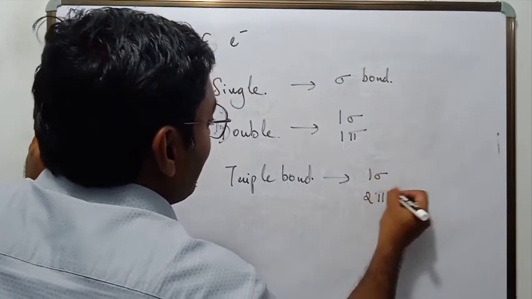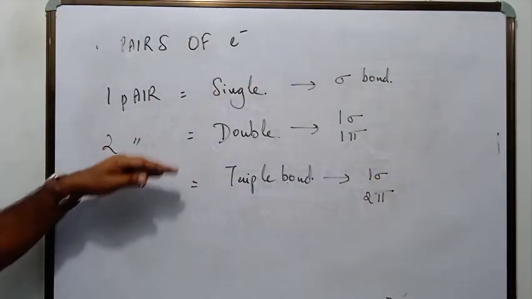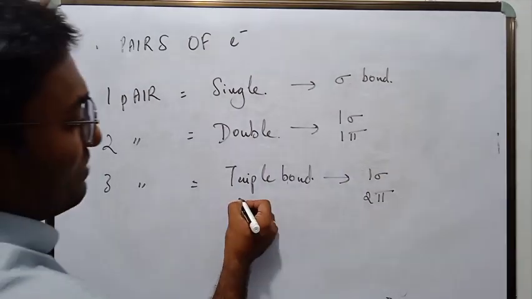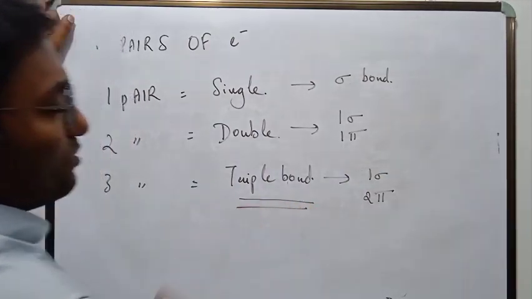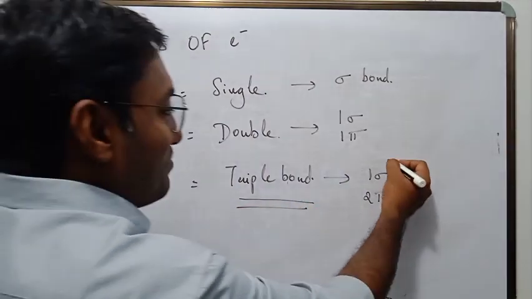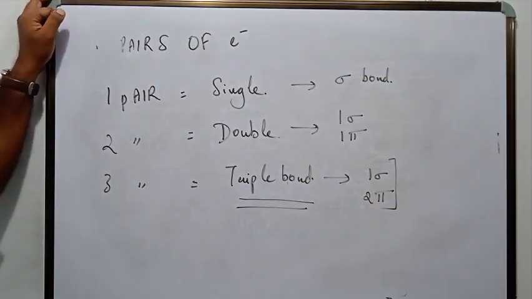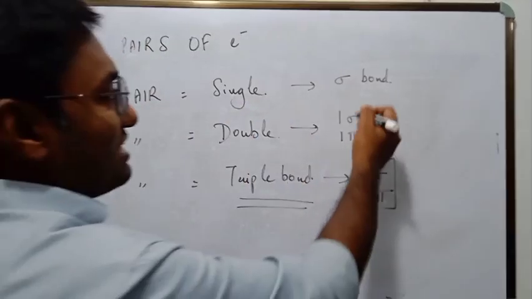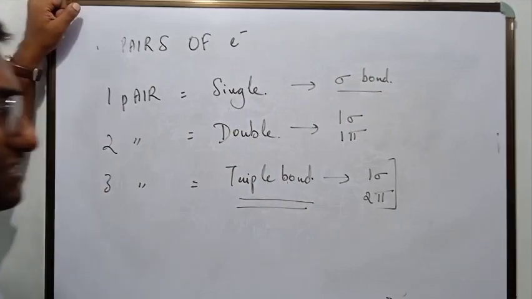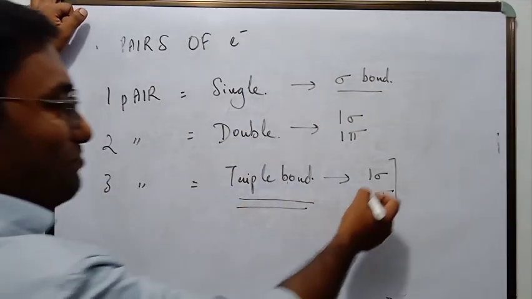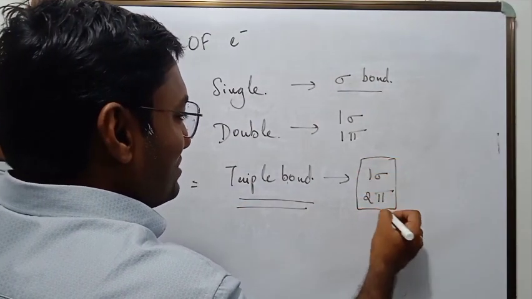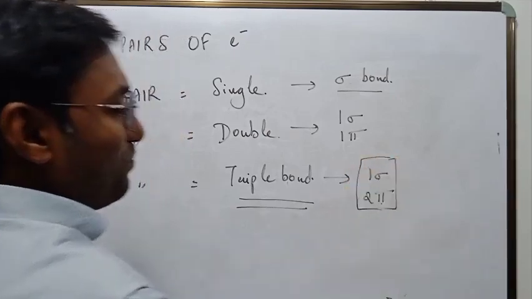If you are asking me which is the strongest, then I would say the triple bond collectively is stronger because it has one sigma and two pi. But individually, the sigma bond is the strongest. Collectively, the triple bond is strongest because it has one sigma and two pi bonds.